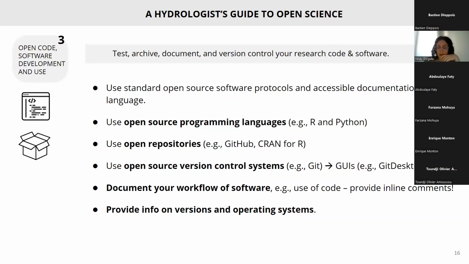GitHub, CRAN, for example, these are very much commonly used by hydrologists, at least I'm aware of. And version control systems. Again, Git offers that to you. And when it comes to documenting your workflow and how you use your software, which means which chunk of codes you run first, second, third, and how you feed them into each other, etc.